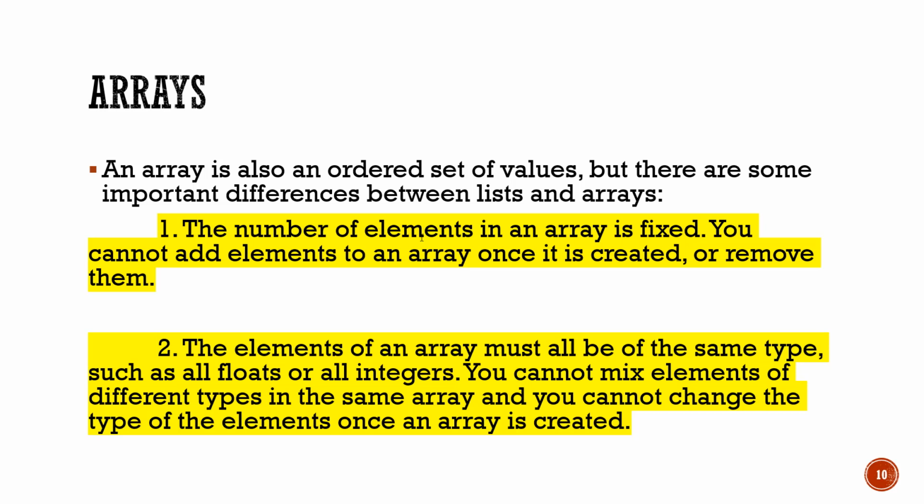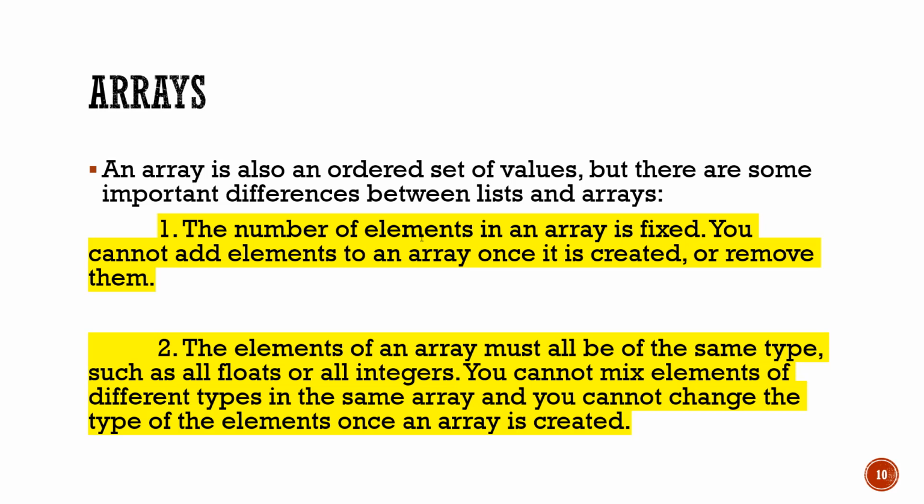Unlike a list, where you can append, add, or remove elements, an array has fixed elements. If I have a 3 by 3 matrix, I have three elements by three elements in the rows and columns. You cannot add elements once it is created, or remove them.